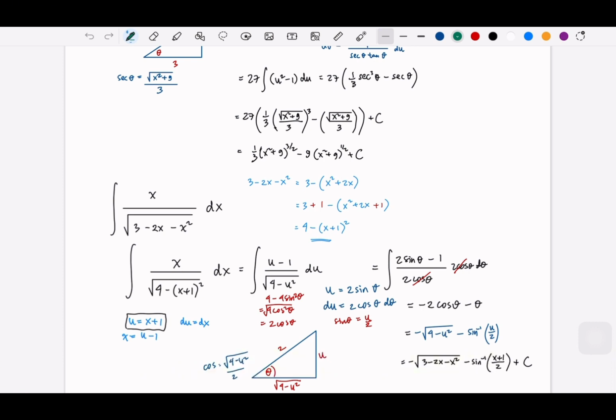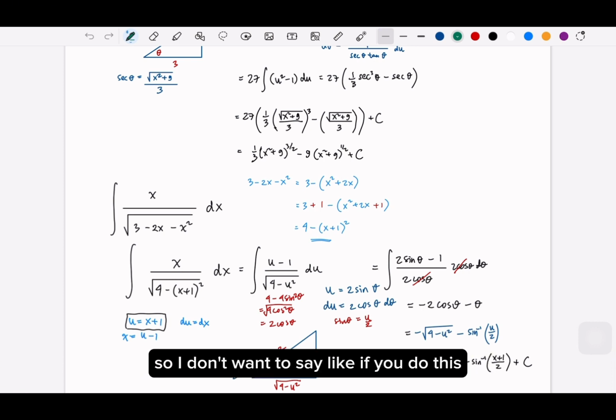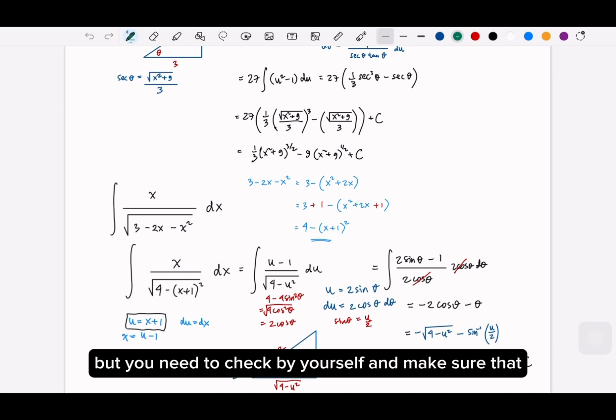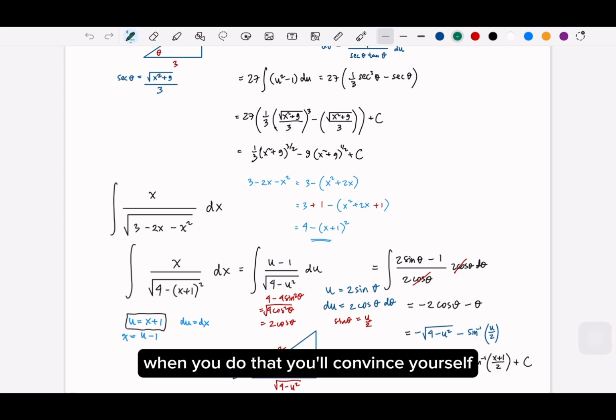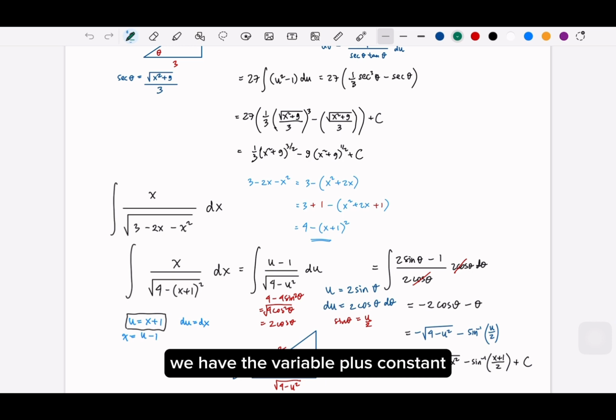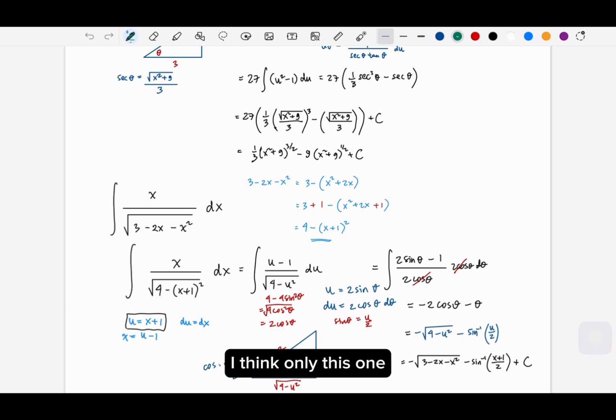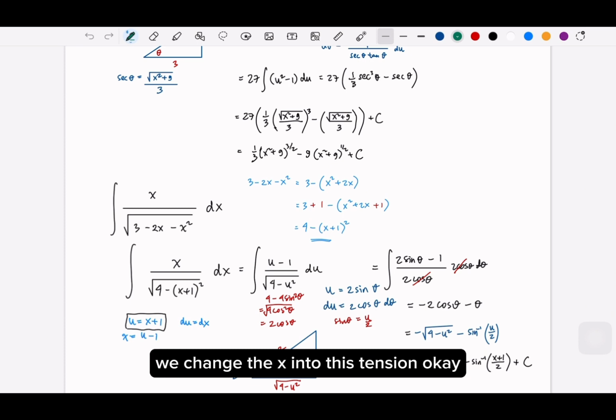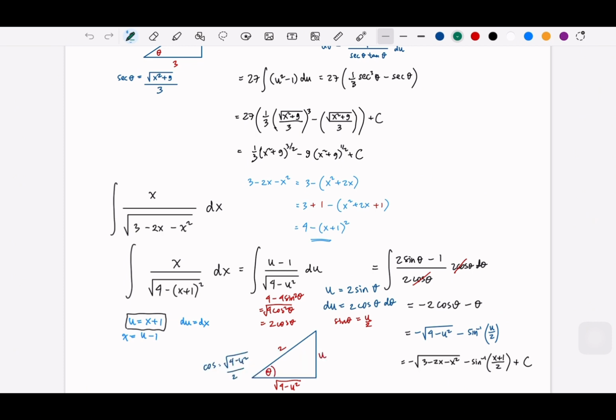I don't want to say that if you do this, then substitute with this, but you need to check by yourself and make sure that when you do that, you are convinced. For example, we have the variable plus constant. So check which one is the most possible way. I think only this one, right? So that's why we change the x into this tangent.